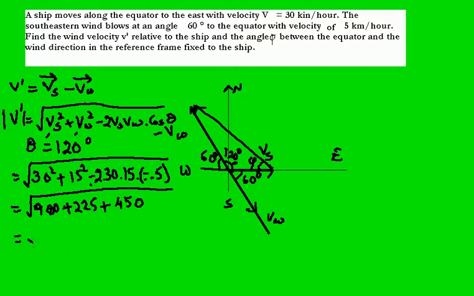So if you add this up, you will get square root of 1575, which is approximately equal to 40 kilometers.